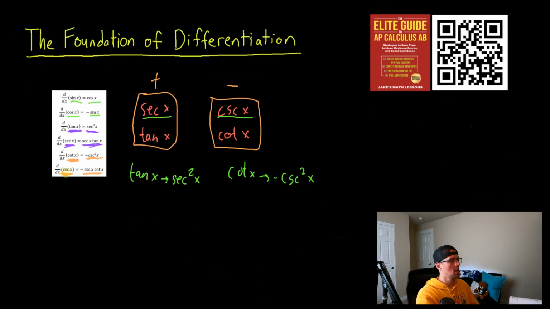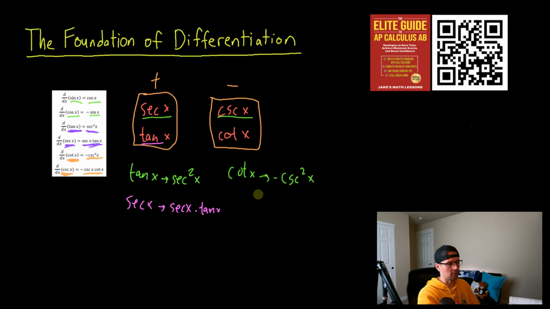Okay, then the cosecant and secant derivatives is just going to be itself times the cotangent or tangent that's in its group. So the derivative of the secant of x is going to be secant of x times the other thing within its little group, so tan of x.